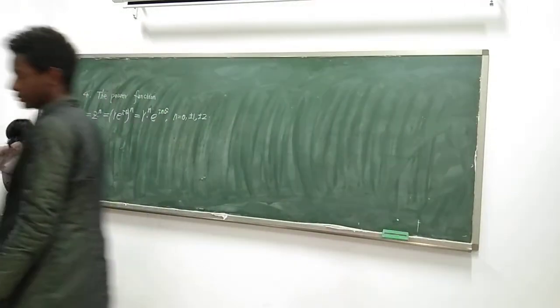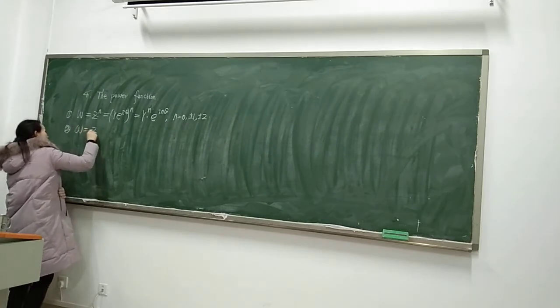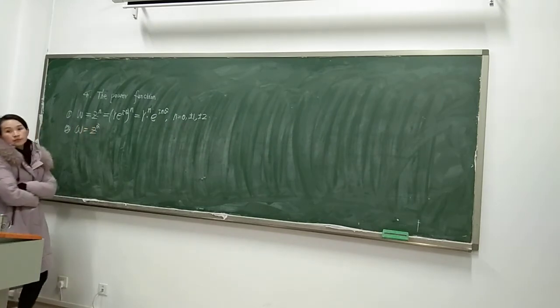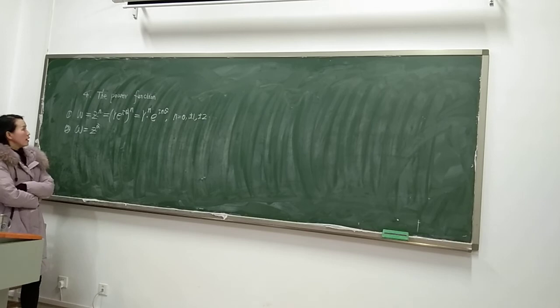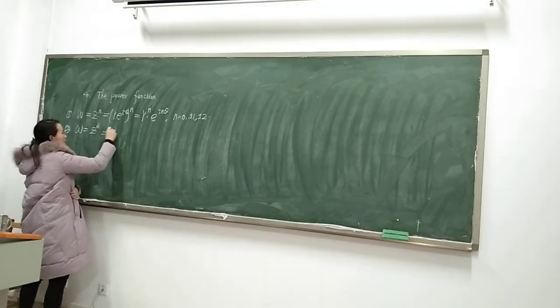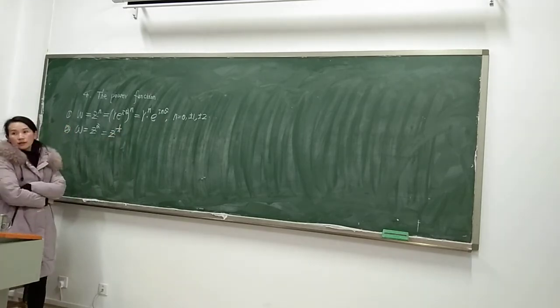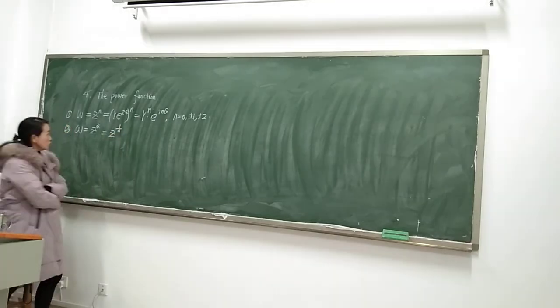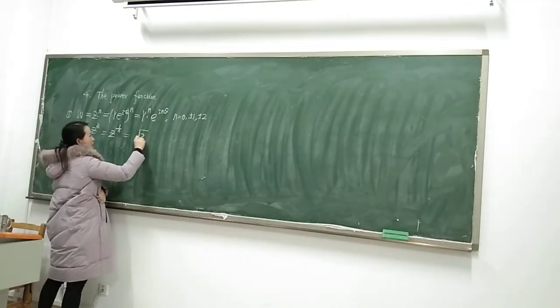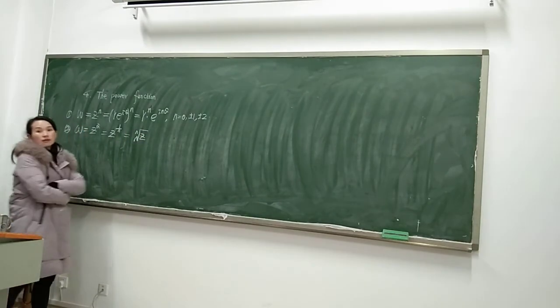Second one, if omega equals z to the alpha, and this alpha is this one, so you can write like this one.